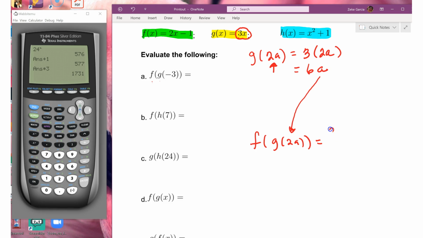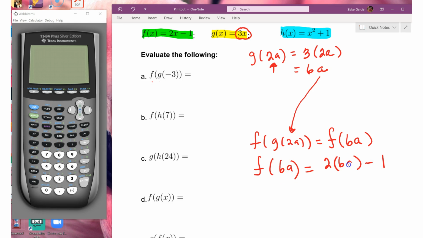So now what you've got to find next is f of 6a. We know that f is 2 times a value x minus 1. So we notice that the input is 6a. So 2 times 6a gives you 12a minus 1.